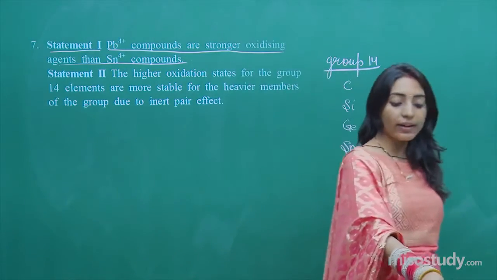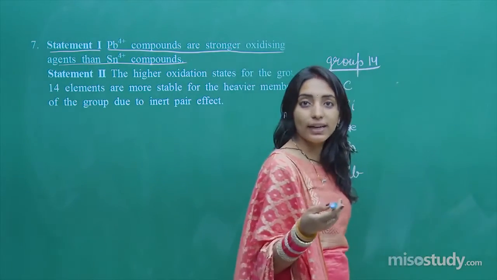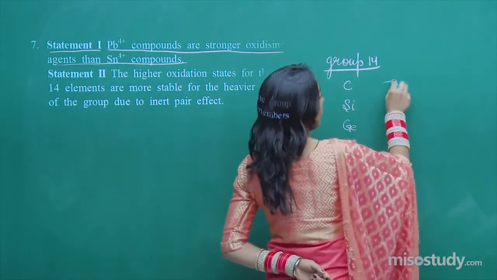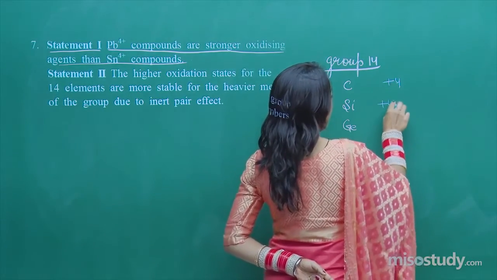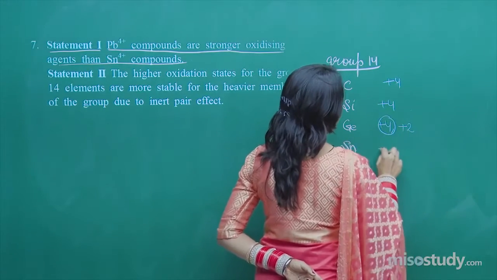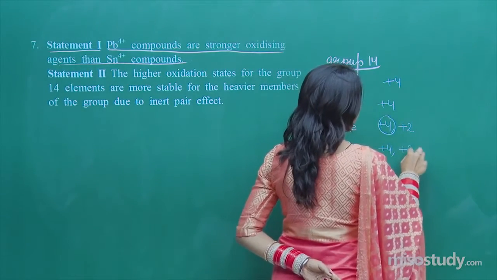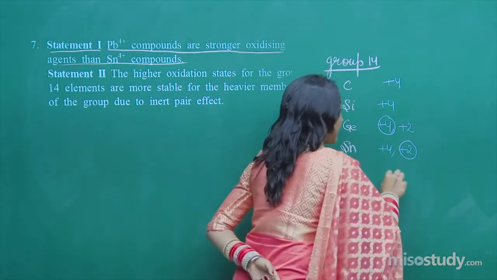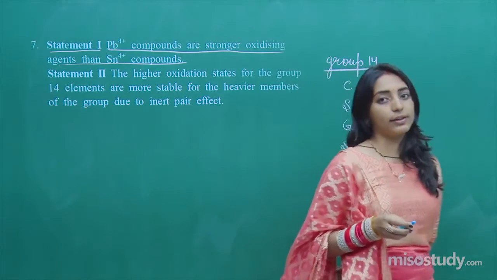And if I write down the oxidation state, the preferable oxidation state, this should be +4. Carbon is okay with +4, +2 but wants +4. Tin is okay with +4, +2 but wants +2, and lead can only have +2 oxidation state.